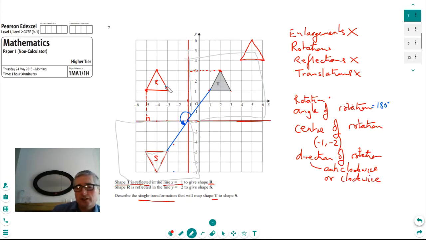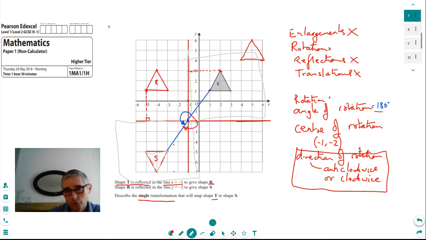Now in this special case, because it's 180 degrees, it doesn't matter whether we went anti-clockwise or clockwise. So we could go in that direction, or in fact we could go in that direction. So we don't need to put the direction of rotation in this case, because it's a special case of it being 180 degrees. If it had been 90 degrees, then it would matter which way we'd gone, whether we'd gone clockwise or anti-clockwise.